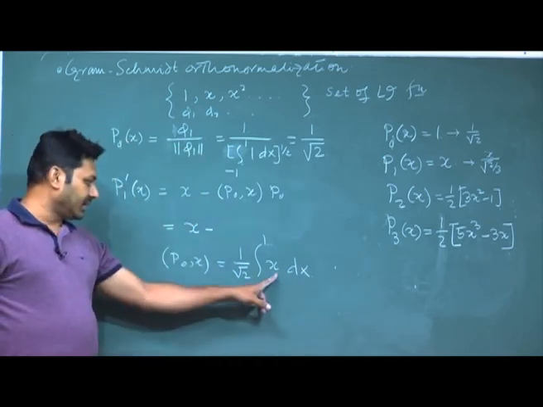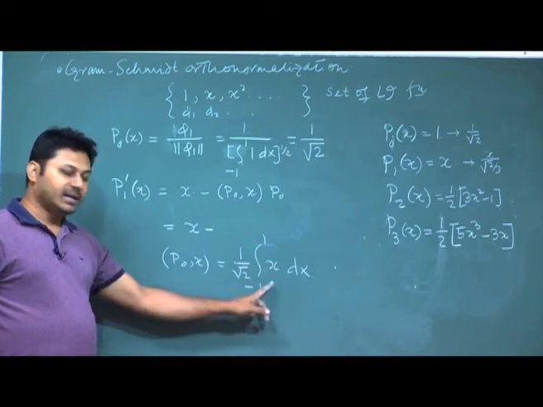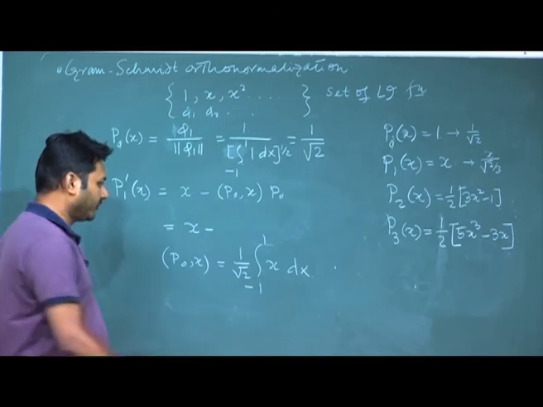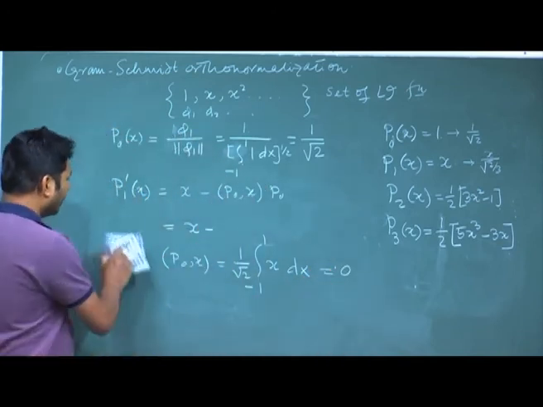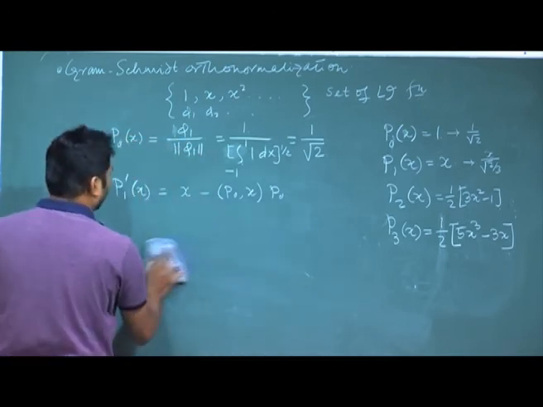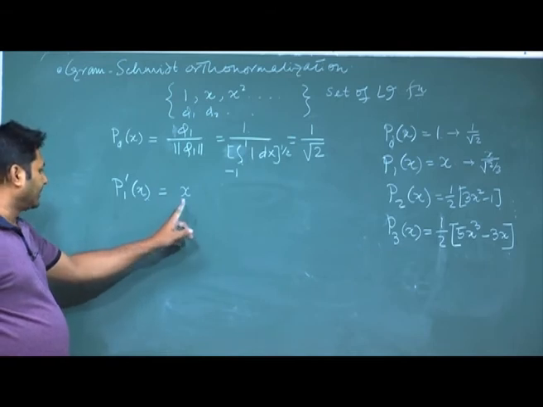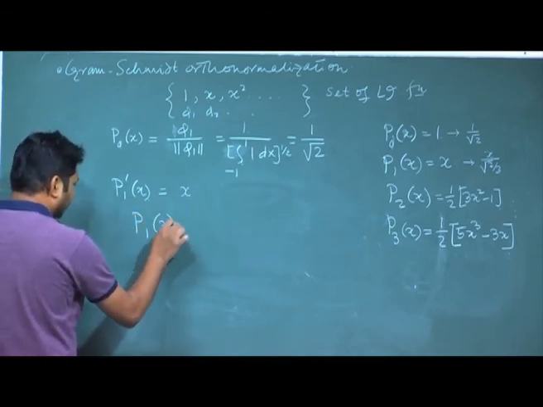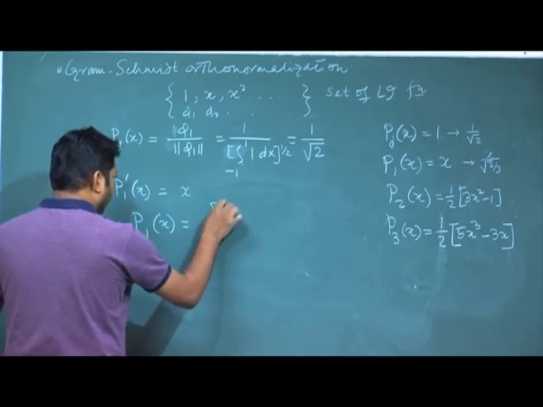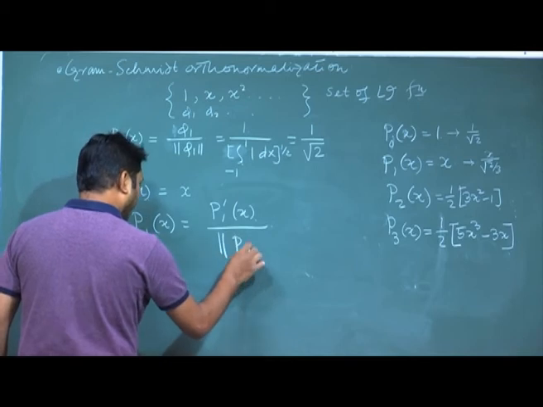This inner product of x is how much? The integration from minus 1 to 1 of x is nothing but 0, because this is an odd function. So, the inner product is 0 here. So, I will eventually have my second function as just x. Now, I have to normalize. So, my original p1 x will be p1 prime x divided by the norm of p1 prime x.